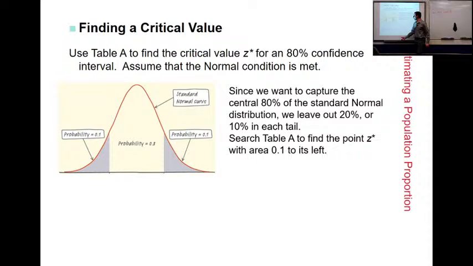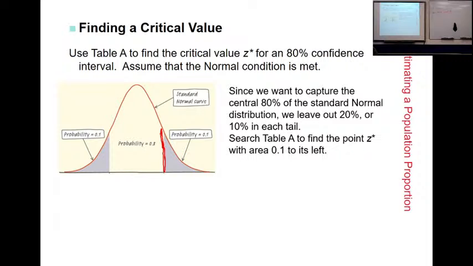Normal distribution, we want the middle 80%. So middle 80% leaves 20% for the tails. That's 10% per tail. So if I want the percentile at this value here, I want everything to the left of it.